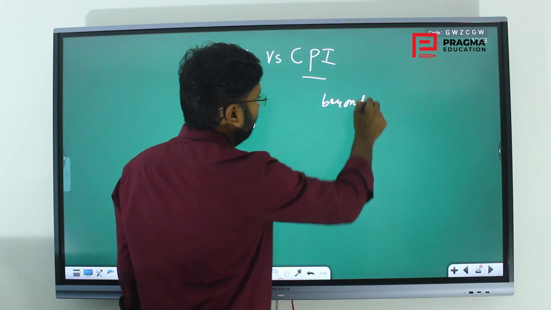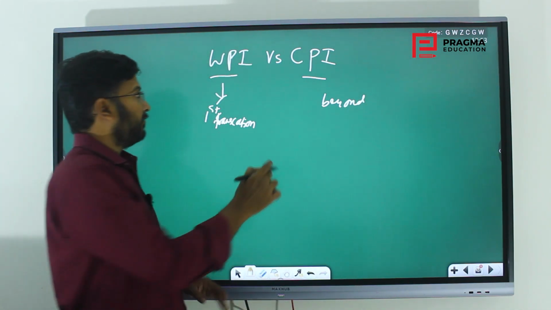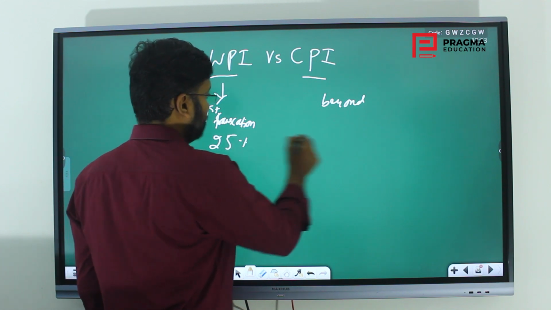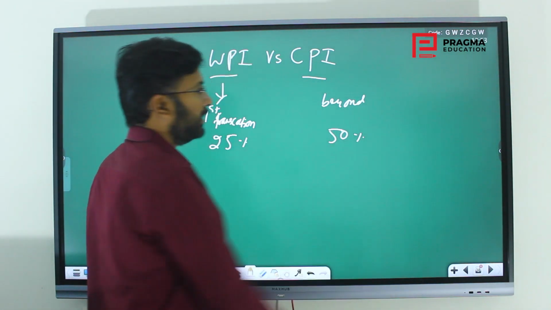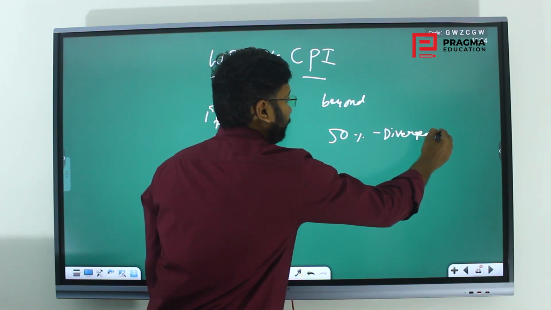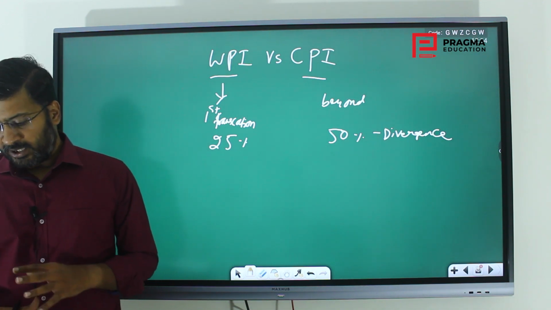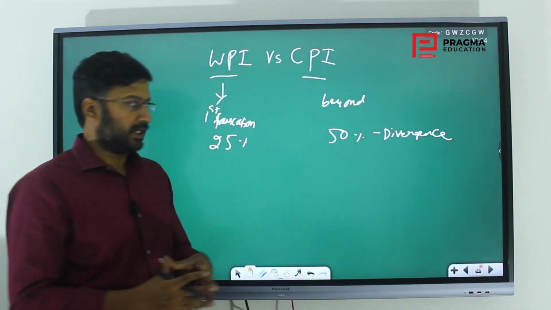That is retail, after indirect taxes are added. Next, the weightage of food, which we have already seen. This is 25% and this is 50%, and it leads to divergence. Try to remember these concepts and have a good revision. It will help you have a good understanding.